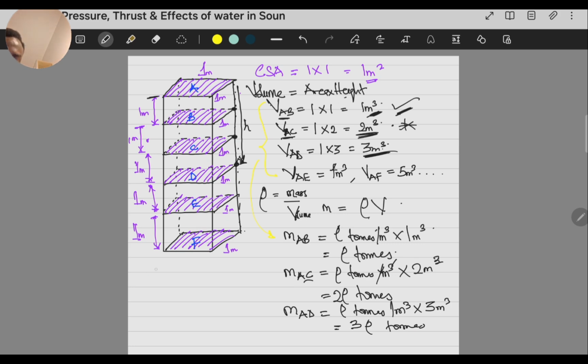So what that means is that if we consider AE, it's going to be 4 density. If we consider MAF, it's going to be 5 density tons. So that's that.